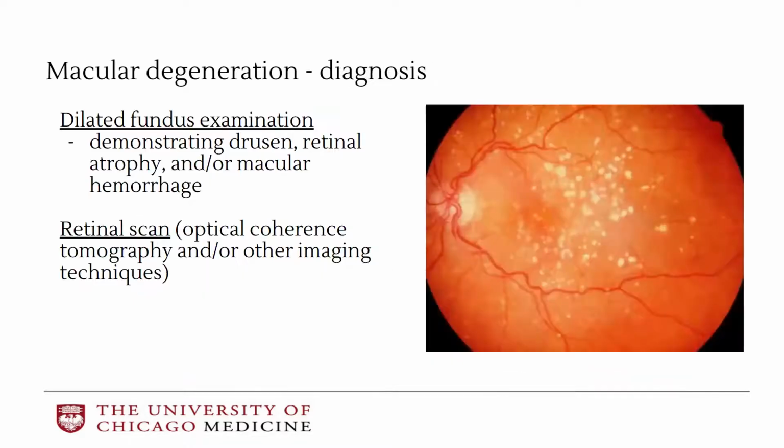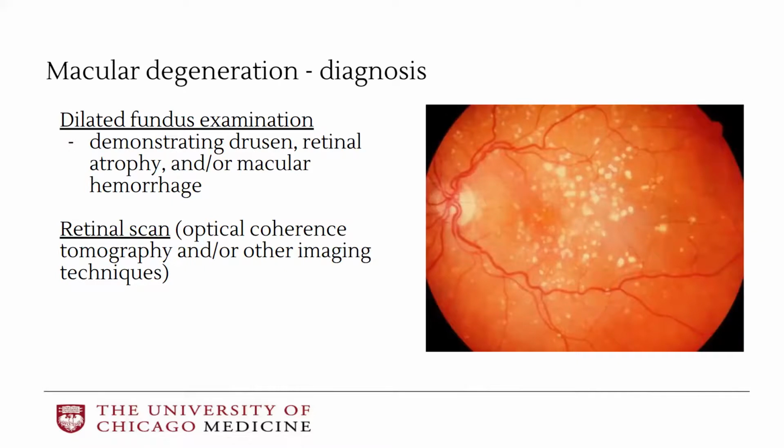So how is macular degeneration diagnosed? Your ophthalmologist will dilate your eyes and look at the retina and see if there are signs of these drusen, which are these yellowish spots, atrophy of the retina, or any hemorrhages or bleeding spots in the retina.